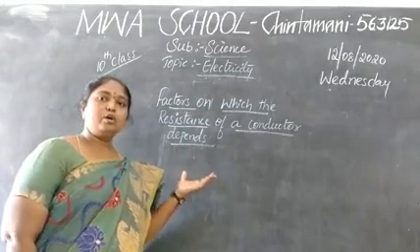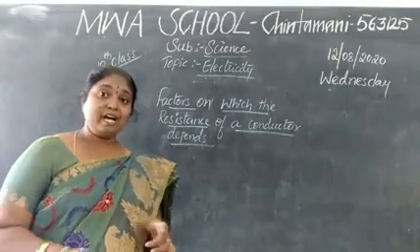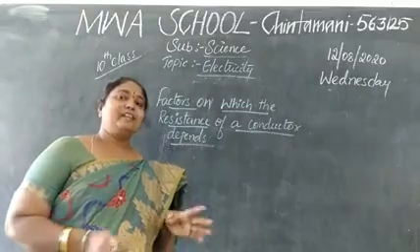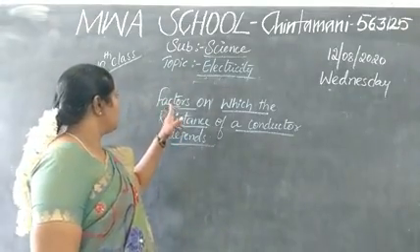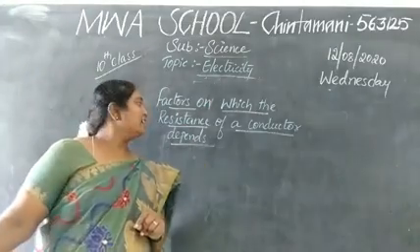Next, after Ohm's law, we have seen what is the resistance and we have learned about what is 1 ohm. Next, let me learn about factors on which the resistance of a conductor depends.